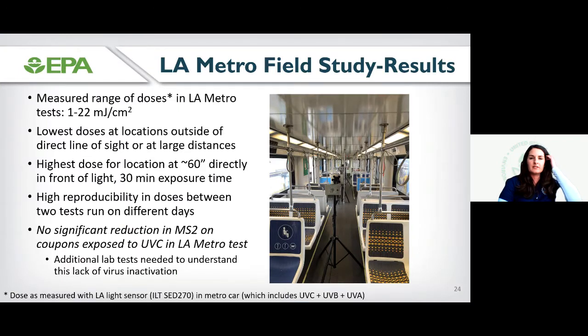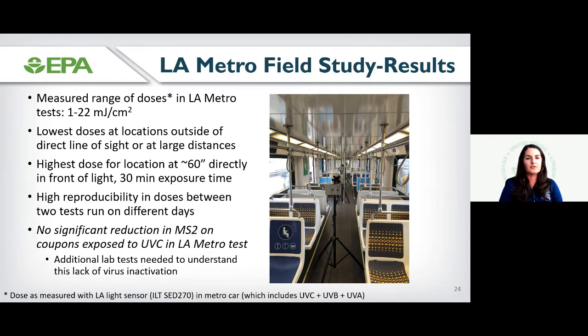And this range of doses that was measured within the field test for the different configurations of lights range from about 1 to 22 millijoules per centimeter squared. Again, knowing that this was not just UVC, but extended farther with the broad wavelength pulse xenon light and the detector that picked up these broader wavelengths as well. And it's no big surprise that they saw the lowest doses at the locations that were either outside of the direct line of sight or at larger distances away from the light.